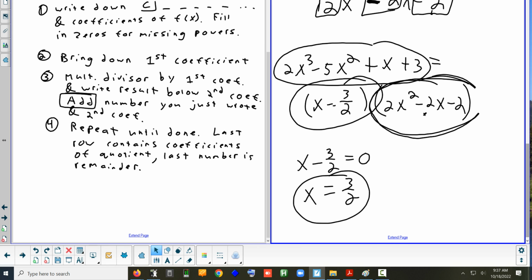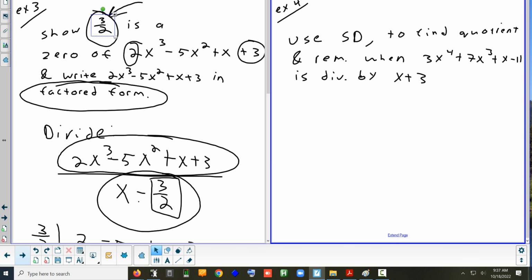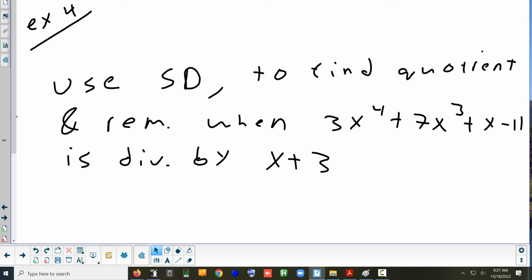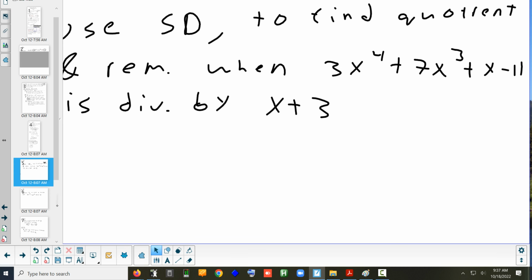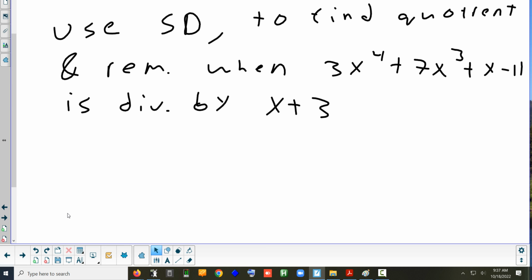All right, let's try this one. And this says to use SD as synthetic division to find the quotient and the remainder. Okay. Now, this is not x minus a number.